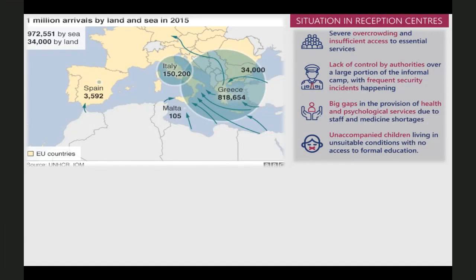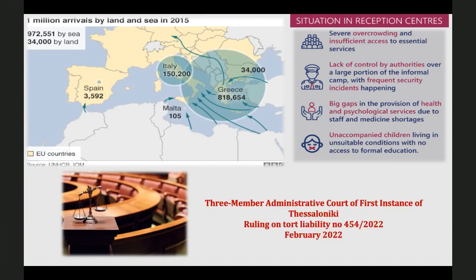And therefore, although the state is and should always be responsible for accommodating and receiving those people, the Greek state in 2015 delegated the reception to NGOs. Well, this, of course, is not acceptable, and very recently it was even confirmed by a very important Greek court ruling, which recognizes the state's tort liability for its failure to provide proper reception conditions to asylum seekers and to refugees.